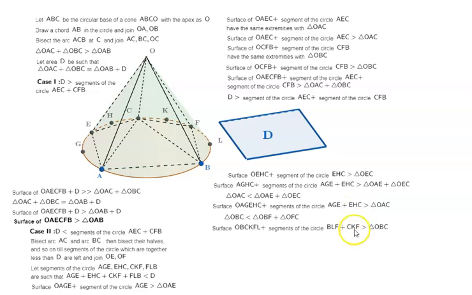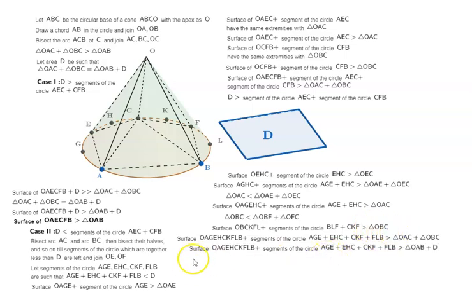So when we add up these two, what do we get? We get the surface OAGEHCKFLB, this entire surface area of the section of the cone, plus the segments of the base of the cone, that is AGE plus EHC plus CKF plus FLB, is greater than the triangle OAC plus the triangle OBC.